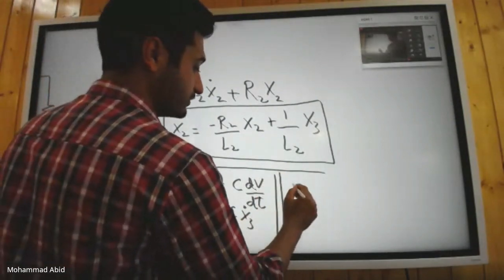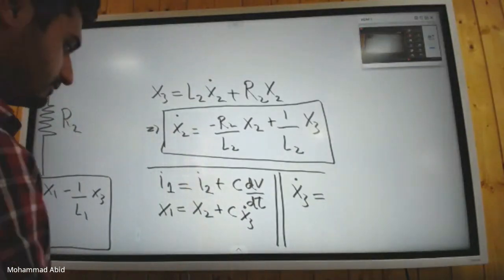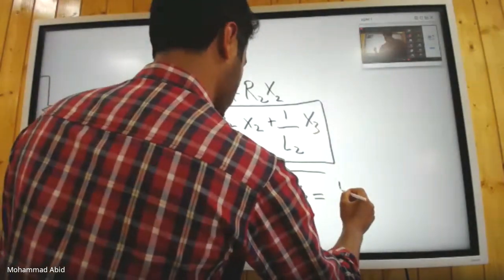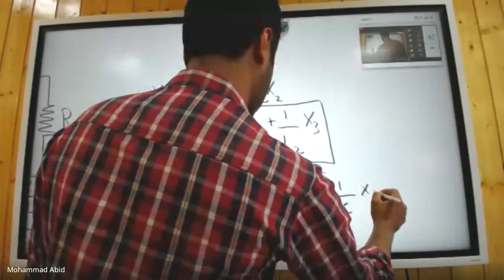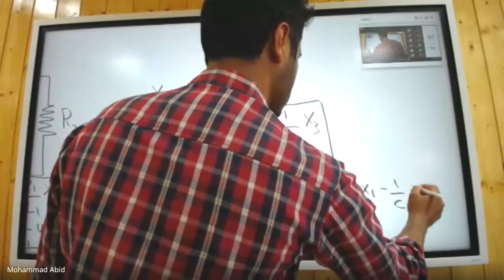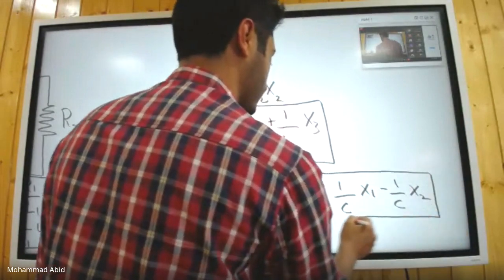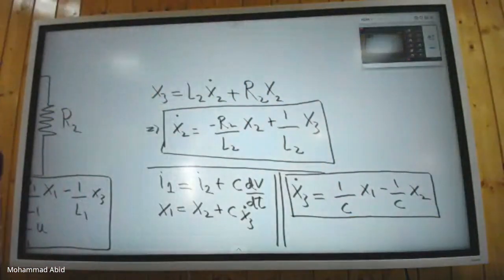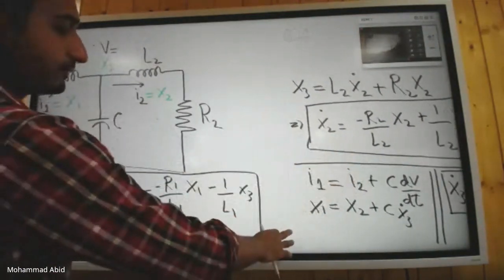And we can solve for x3 dot. x3 dot is 1 by C x1 minus 1 by C x2. This is your equation for x3 dot. Is it okay? Everyone understood these three equations?